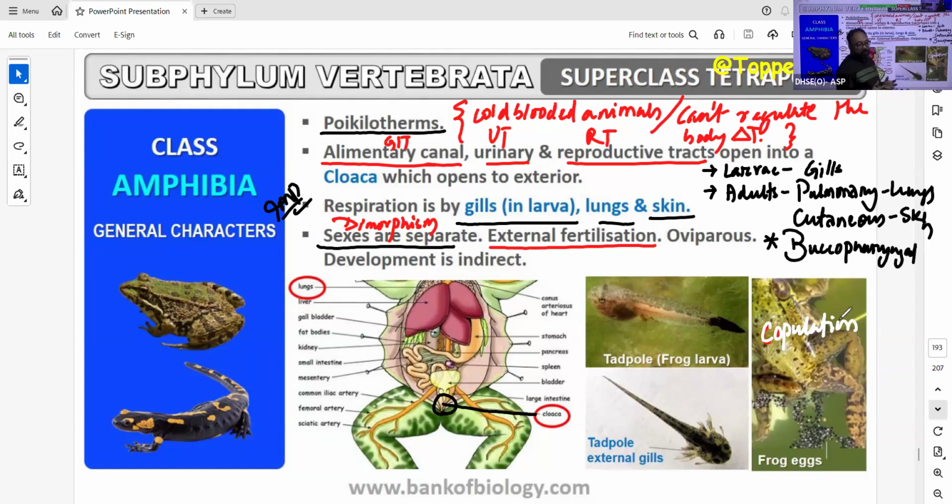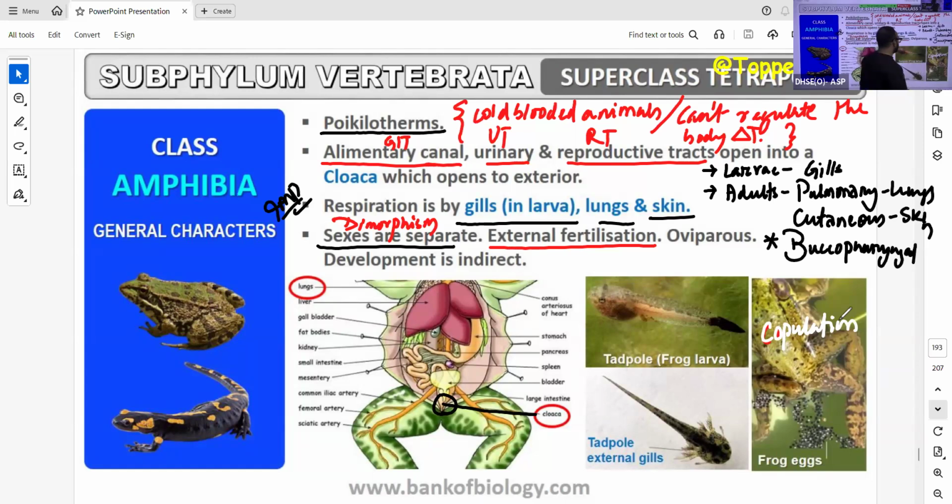These copulatory pads are normally used to hold the female in such a position that the release of eggs and the release of sperms would be done simultaneously. Therefore, fertilization can take place. Understood?